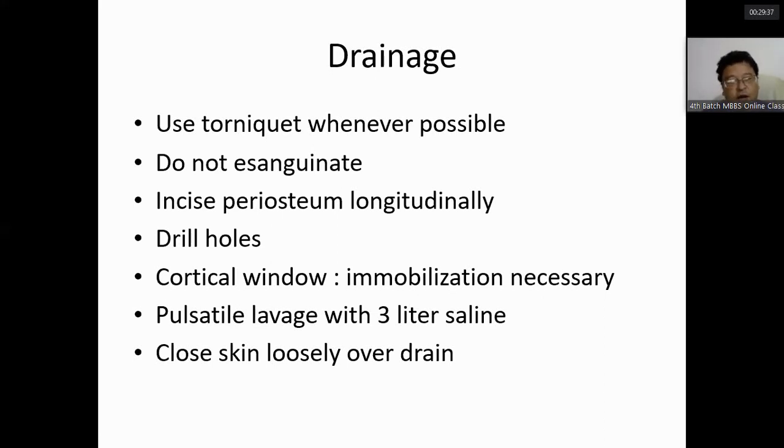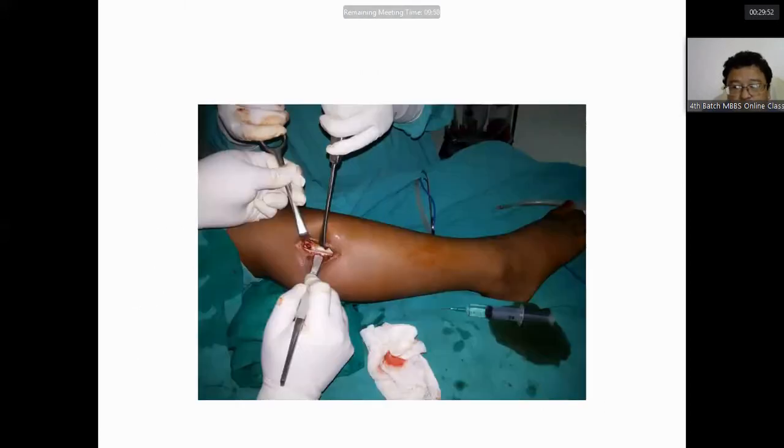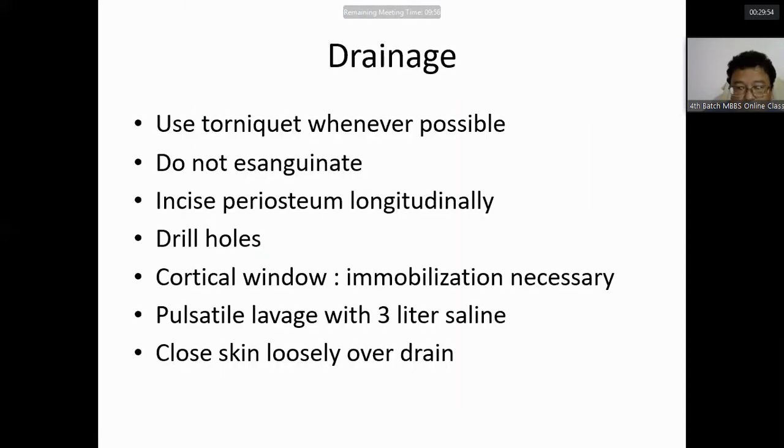Suppose you are going to operate in the tibia and you have put the tourniquet in the femur, you elevate the limb so that all the blood from the foot and leg goes to the thigh, and you have a clear field in the tibia. But in this case, you do not exsanguinate, meaning do not squeeze the blood from the distal to the proximal part.